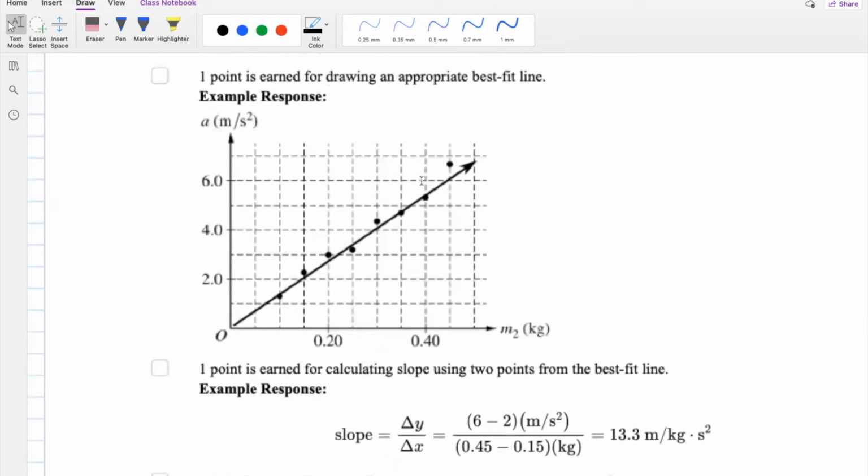Well, they go to a value of about 6 over a run from 0.15 to 0.45. So when they calculate their slope, they're working with this run and this rise. Okay. And our calculation happened to be using this run and this rise approximately.